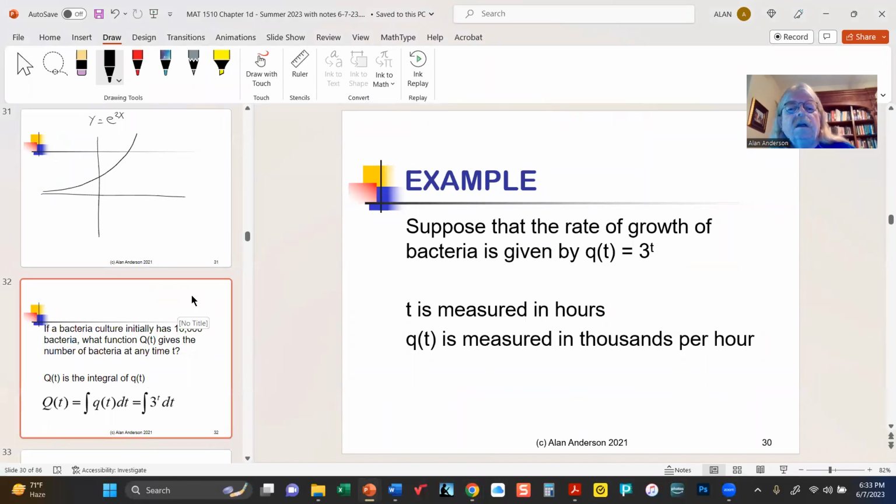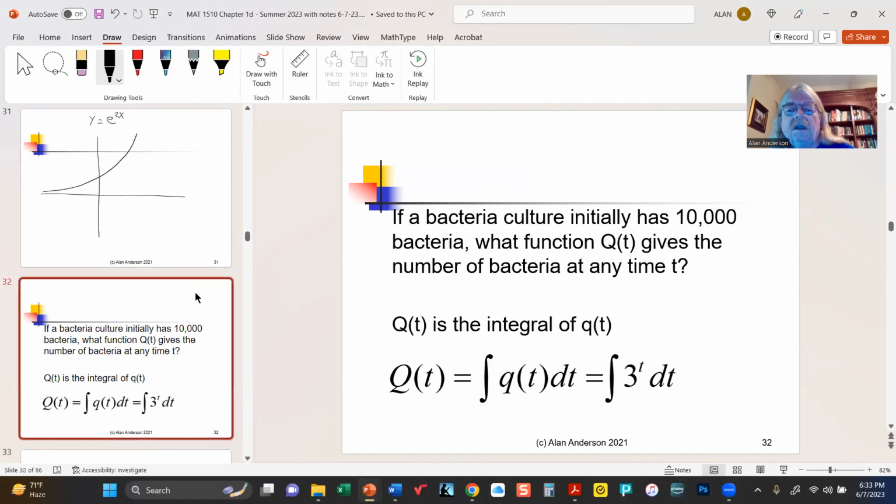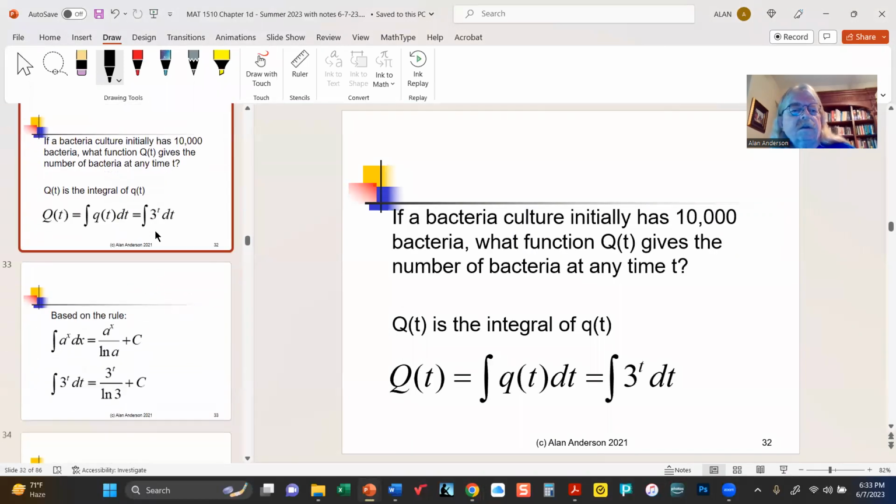So now it turns out that if I want to know how many bacteria I have at any given time, what I'm actually doing is integrating it. Okay. So in other words, if I want to know how much bacteria I have at any time, what I'm going to do is just take the integral of that function.